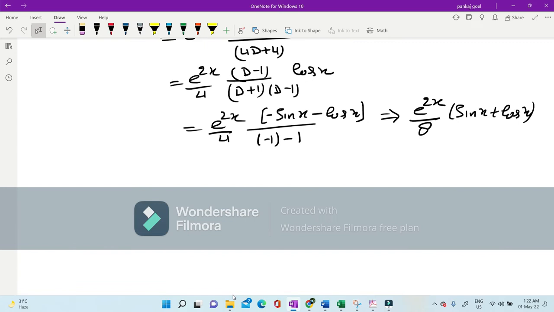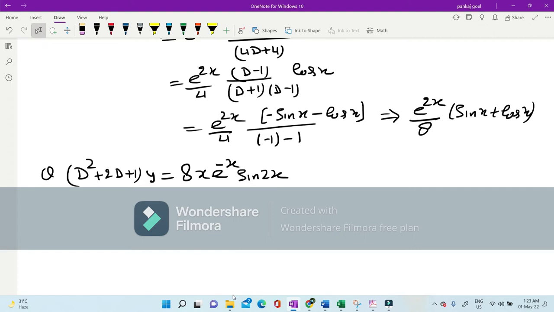Now let us suppose you say d square plus 2d plus 1 y equal to 8 x e की power of minus x and let us suppose sin of 2x. We want to find out this one.